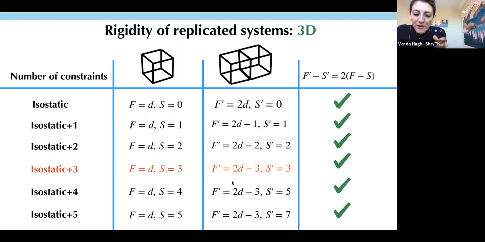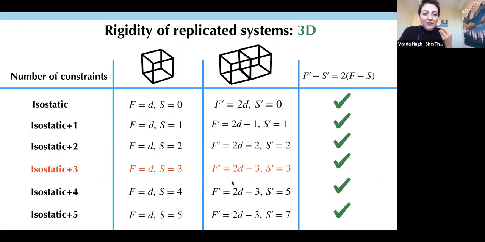Now, there is some previous work that shows that sometimes, if you have a very over-constrained jammed packing and then you tile the space with it, sometimes one new zero mode appears. But these kinds of zero modes are usually associated with how mechanically stable the system is, and we can usually understand them using the eigenvalues of the Hessian of the system, which are the second derivatives of the energy.